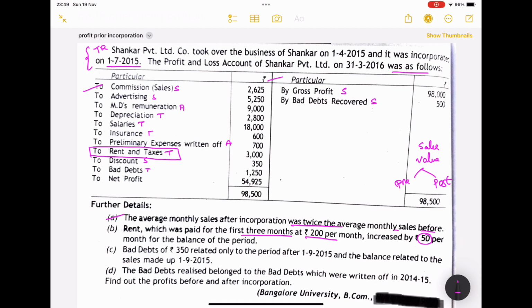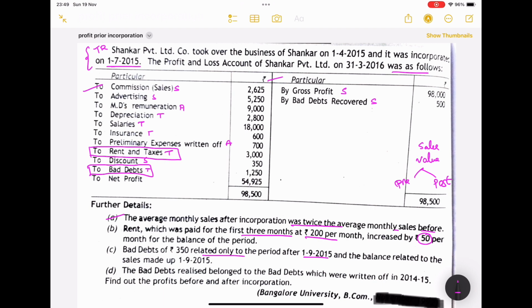Next, bad debts. We have an adjustment in the bad debts, got it? 350 is related to the period after 1/9/2015. The balance is related to the sales made up to 1/9/2015.